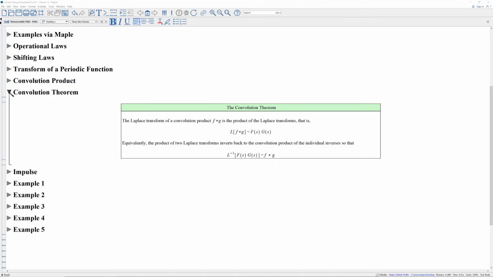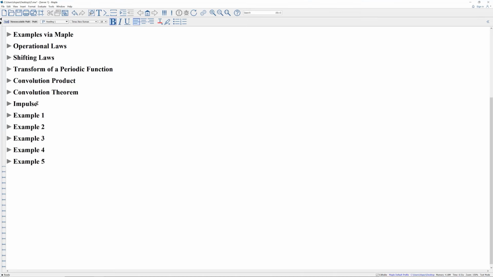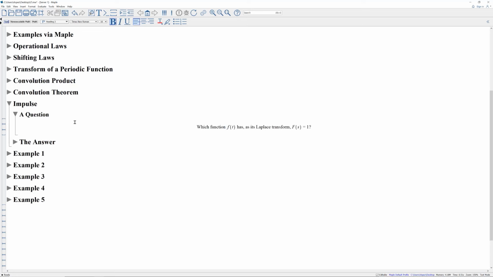Now there's one more chunk that must be included in this body of information that makes the Laplace transform useful and workable, and that's the Dirac Delta function, the impulse function. And I would approach this with my students by a question and answer. And the question is, which function f of t has as its transform 1?